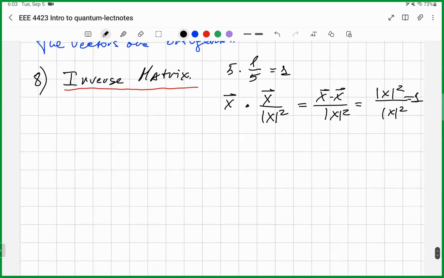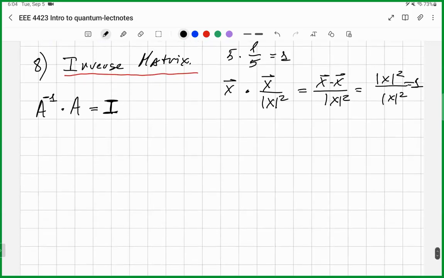But yeah, in what follows, we will need the inverse matrix. So inverse matrix is denoted by the matrix with power -1, and by definition, when I multiply this inverse matrix by the matrix itself, I am supposed to get the identity matrix.